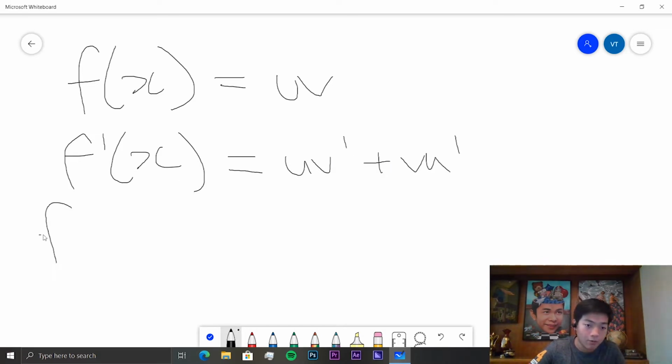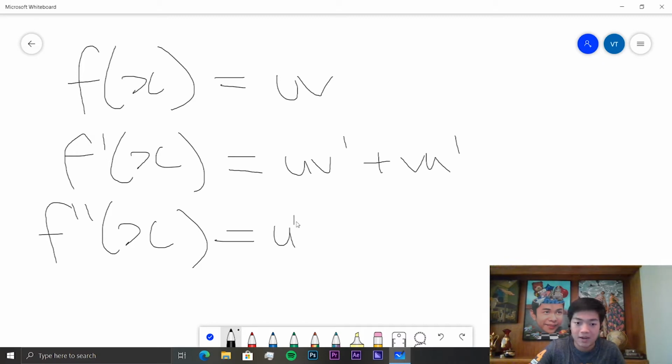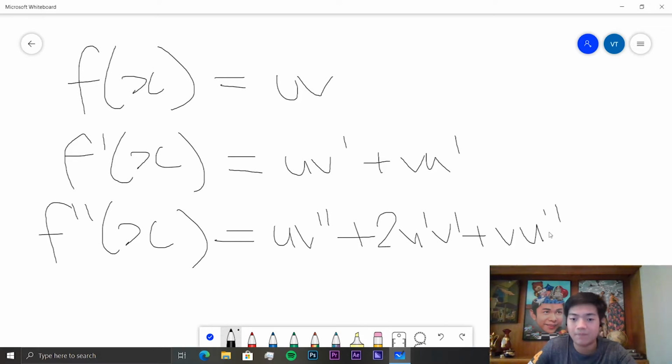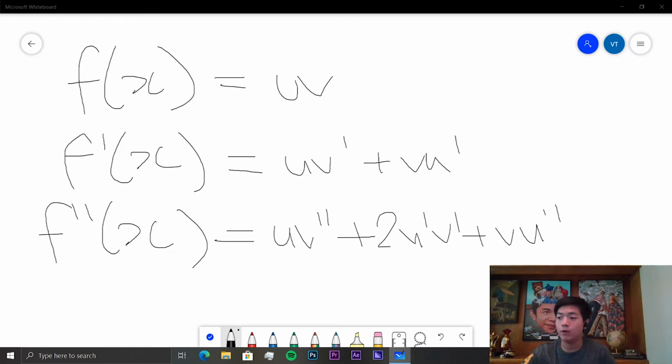If we get the second order derivative and expand this, we get uv double prime plus 2u prime v prime plus vu double prime. And it goes on and on and on. So it actually looks like a binomial expansion, sort of, which is extremely interesting. So that's one handy trick we can use when getting very high order derivatives.